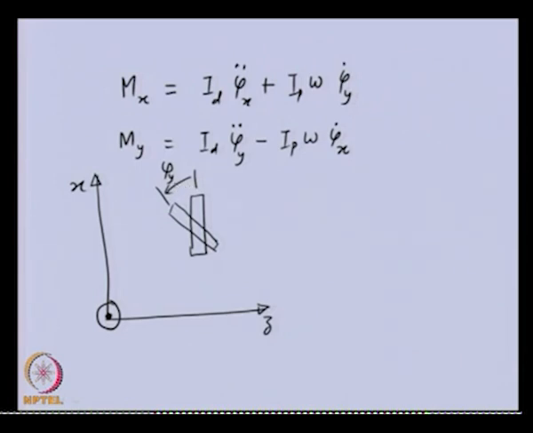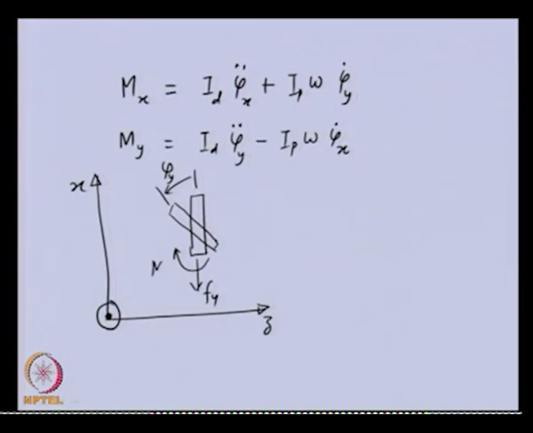Now, we can see that because this disc is attached to the shaft, and we have drawn the free body diagram of that, there will be an elastic force and there will also be a moment.